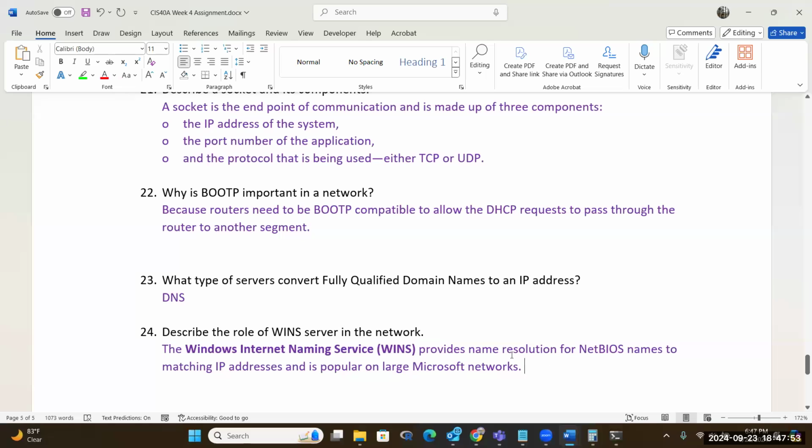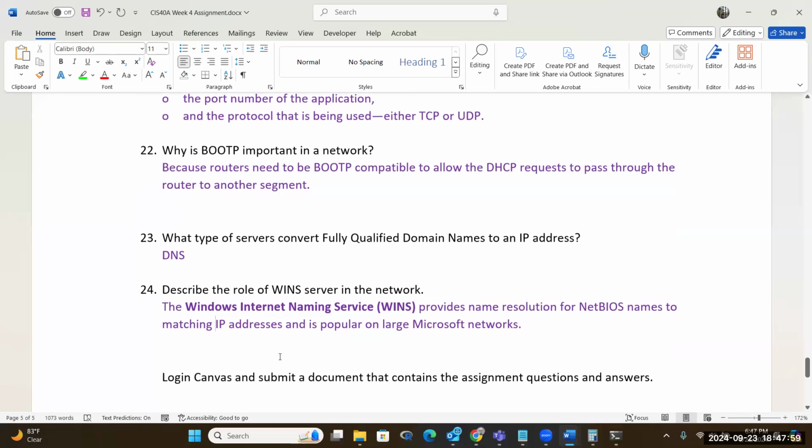So the NetBIOS name is matched to the IP, like server XYBZ4 to the IP address 10.0.0.118, for example.